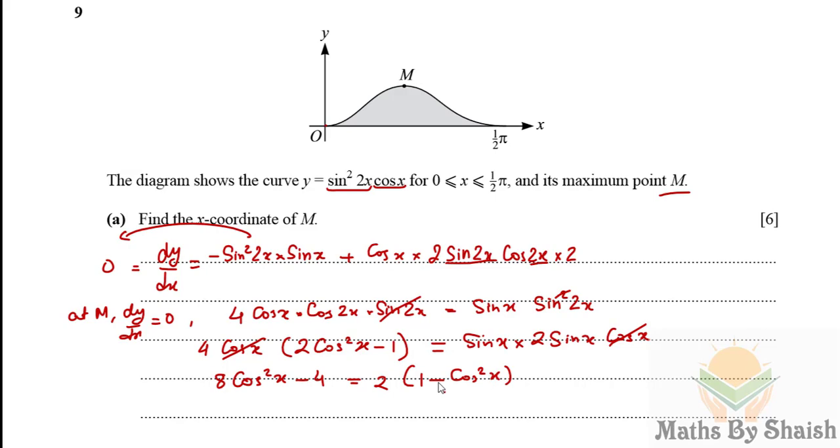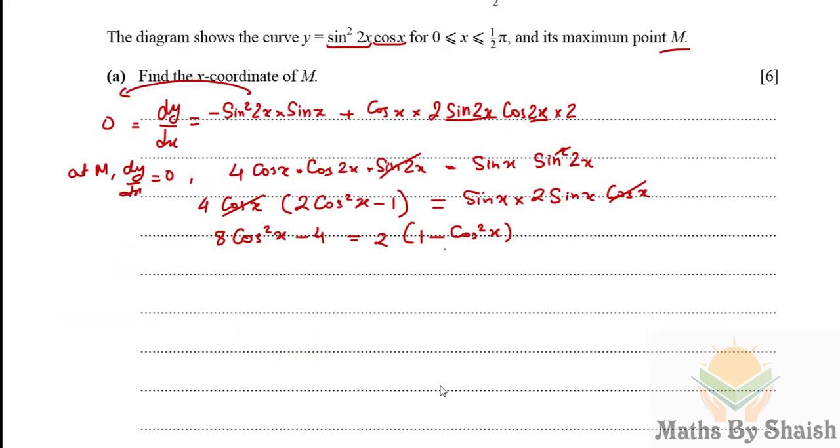Now we have everything in cos²x, so it would be easier to solve. Let's expand it. It is going to be 8 cos²x, and this 2 cos²x on this side becomes plus 2 cos²x, and here it is already 2 times 1, that is 2, and minus 4 on this side would be plus 4, that is going to be 6.